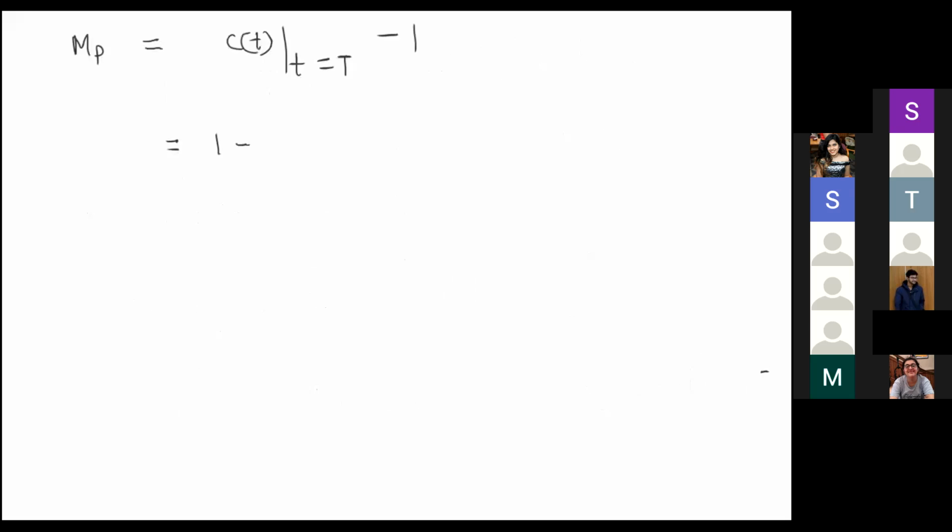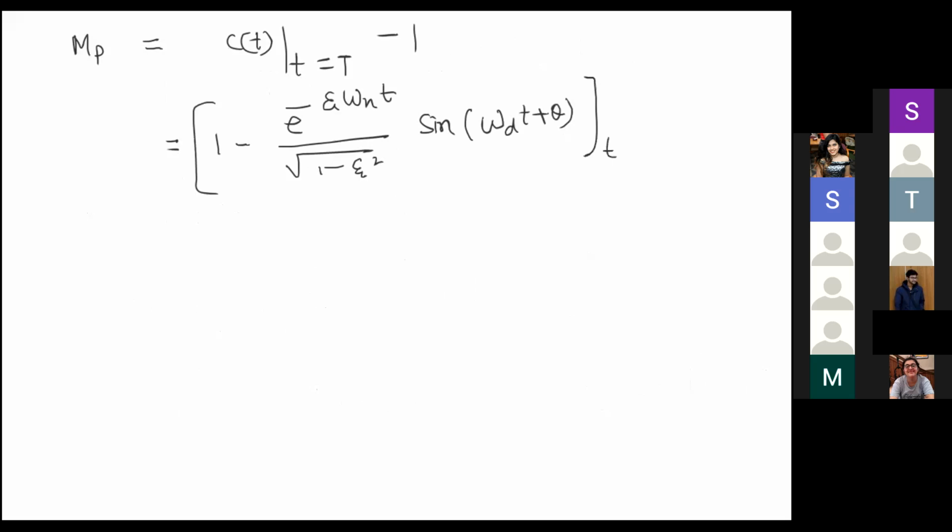Now the peak overshoot. We get the first overshoot when t is equal to Tp. But before that we have to write c(t). What is c(t)? e to the power minus zeta omega n t upon under root of 1 minus zeta square, into sine of omega d t plus theta, when t is equal to Tp, minus 1. Now I am going to put the value of Tp, which is pi by omega d.